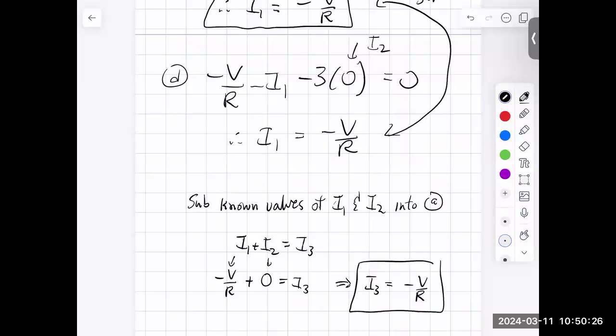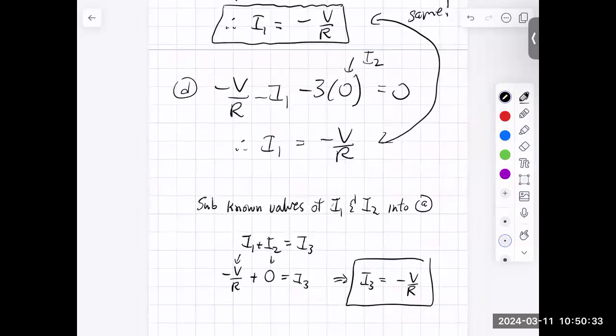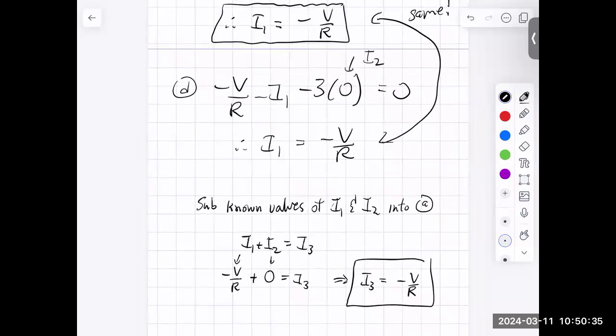The last thing I'll say about this before I let you run away is that we got negative values for the currents I1 and I3. And so that means the current directions we happen to choose at the beginning were the wrong directions.